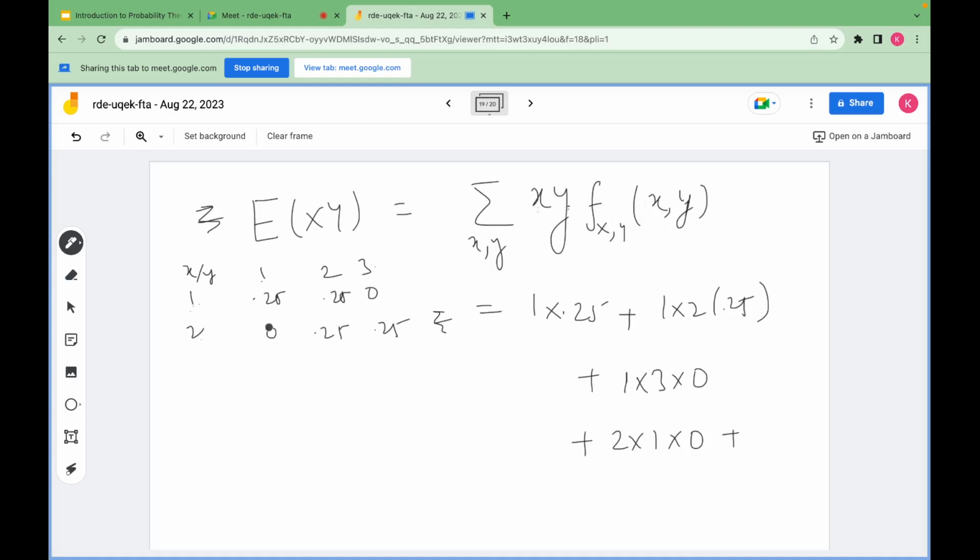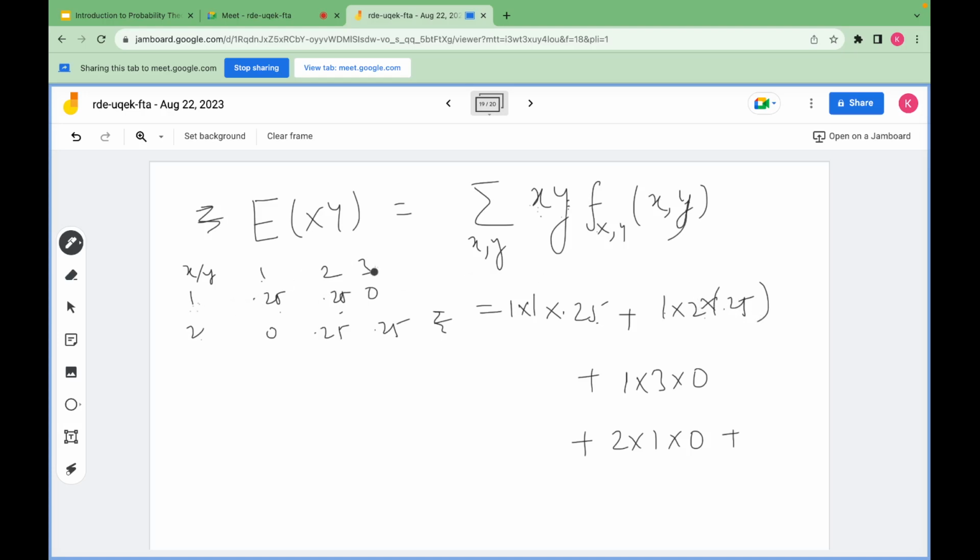For 1 comma 1, x is 1, y is 1 and the probability is 0.25, that's why this is 1 into 1 into 0.25. For 1 comma 2 the probability is 0.25, so again x is 1, y is 2, and we wrote 1 into 2 into 0.25.